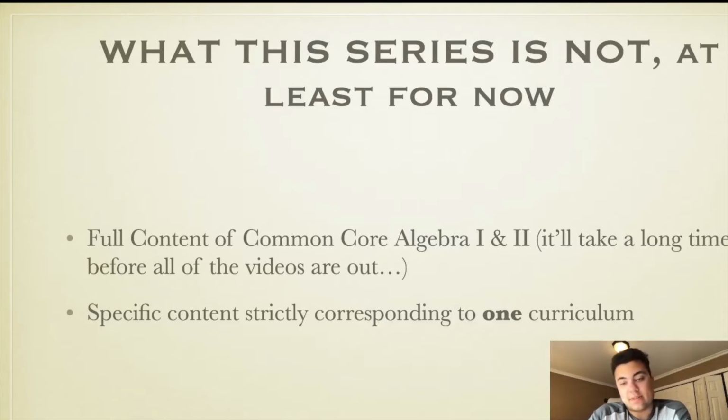For example, I always use the Regents exams as my example because I am a New York person. If you don't know, the Regents exams are the New York standardized finals. So I'm not going to be sticking specifically to that curriculum, but a lot of the ideas between states and finals and everything else are very similar, so you still can gain something from this.